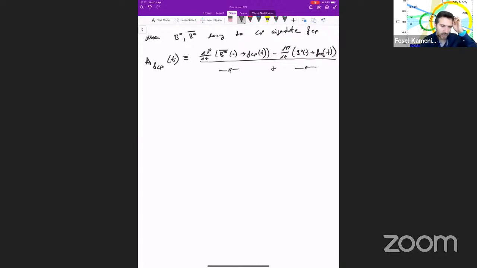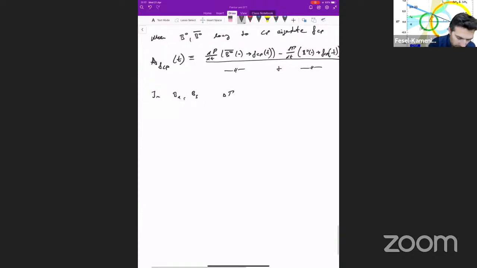But they are especially interesting in the B_d and B_s system because phenomenologically, so experimentally, ΔΓ, the width difference of the two mass eigenstates, is much smaller than the mass difference, which is not the case for the neutral kaon and neutral D system, but it's true for the B systems. And this means that q over p is approximately 1.